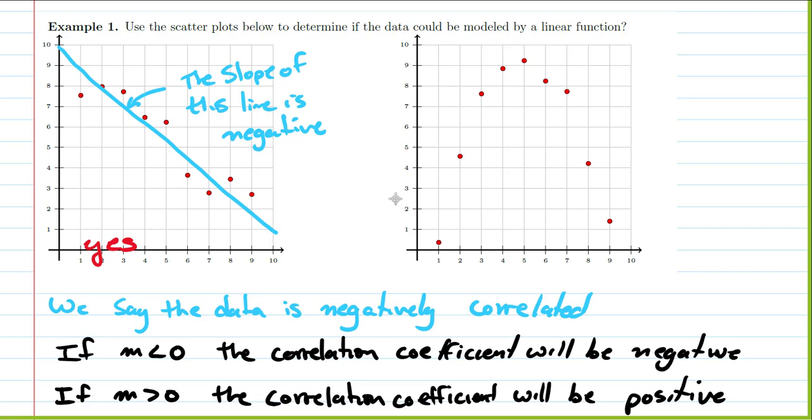All right, we now take a look at our next graph, the one to the right. When I look at this data, does it appear to be linear? And I would say no, this is not linear. In fact, if I had to guess, what might be a good model for that set of data?